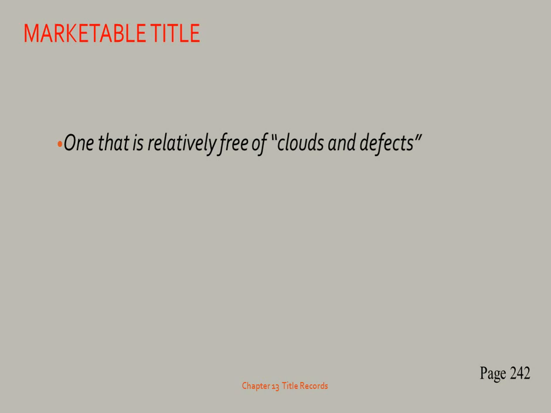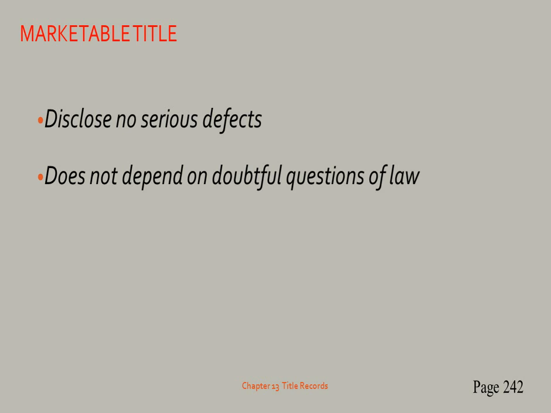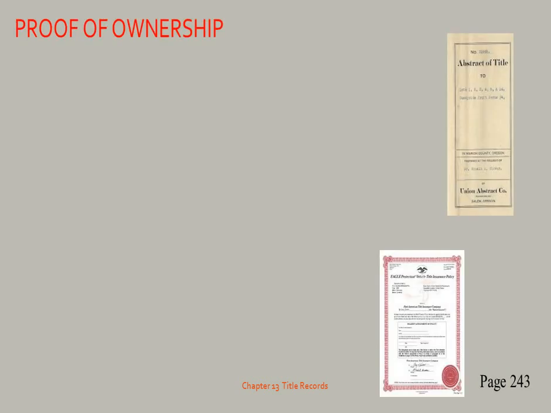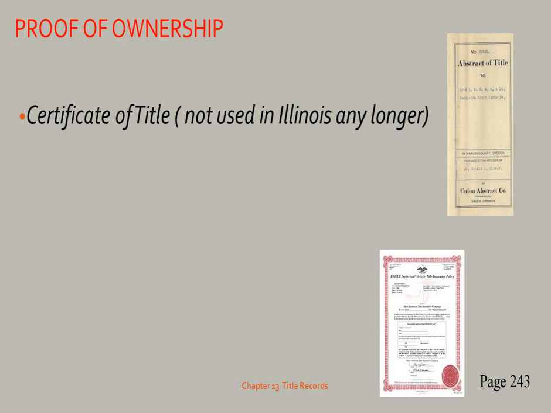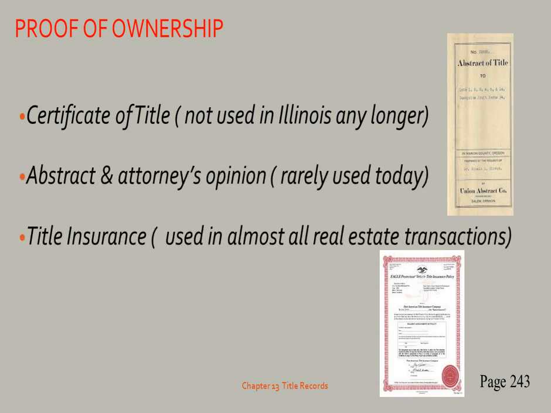So marketable title is what the seller needs to deliver, and that title has to be reasonably free of clouds and serious defects, and there's no doubtful questions, and it doesn't expose the purchaser to any litigation. So you will give the buyer either a certificate of title, an abstract and attorney's opinion, or a title insurance policy, Mr. Seller.